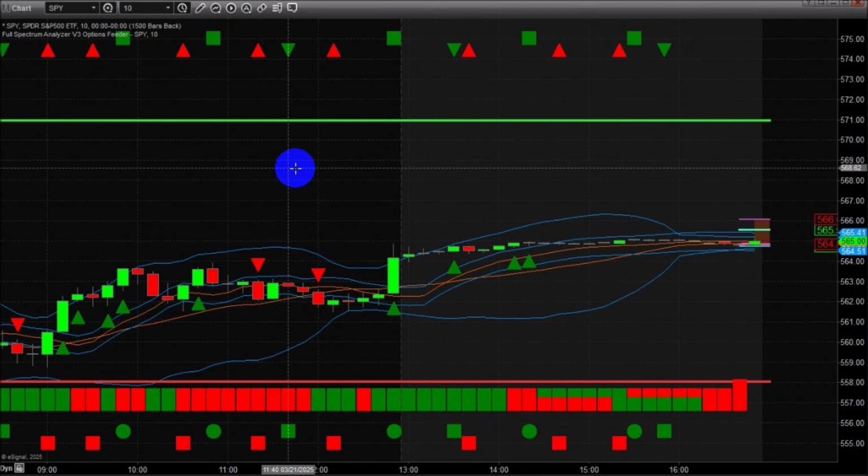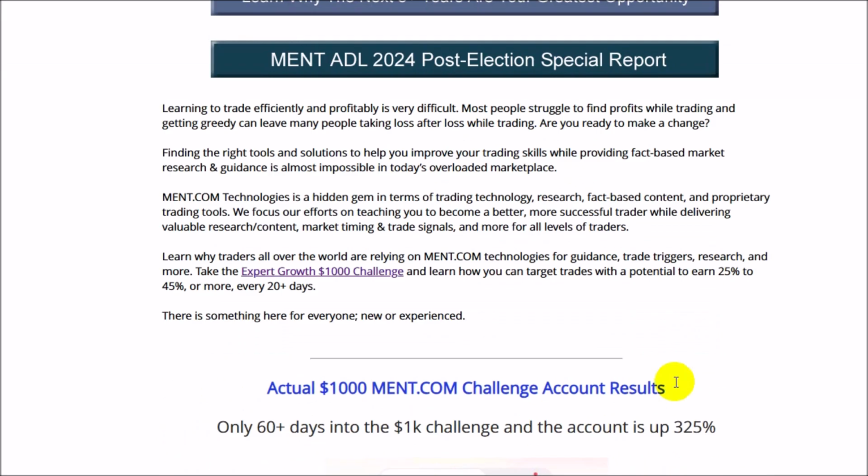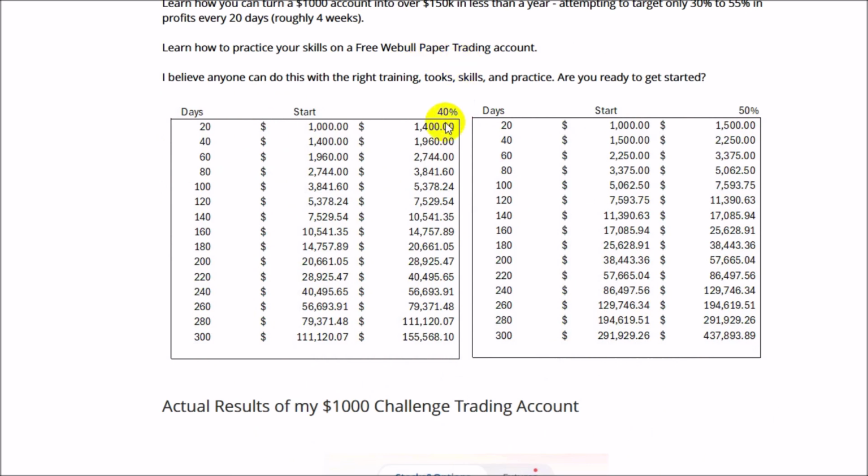My opinion, guys, if you can do 10, 20, 30% a day on your trades on a small amount of capital, you're done. You can turn a $1,000 account into a small fortune. In fact, I will show you. You come over here to MENT.com, and if you can do 40% return on investment every 20 days, you can turn a $1,000 account into $155,000 in 1 year.